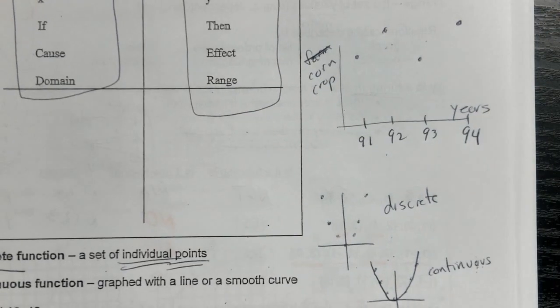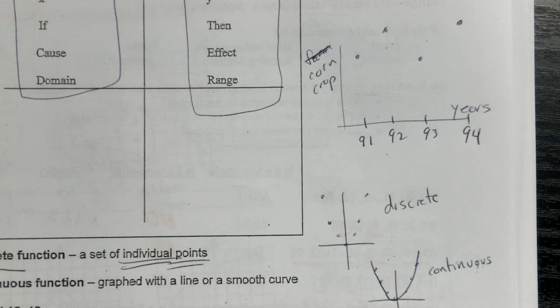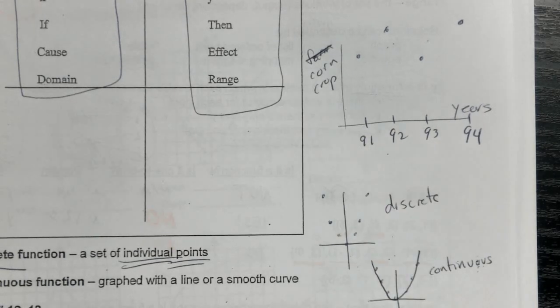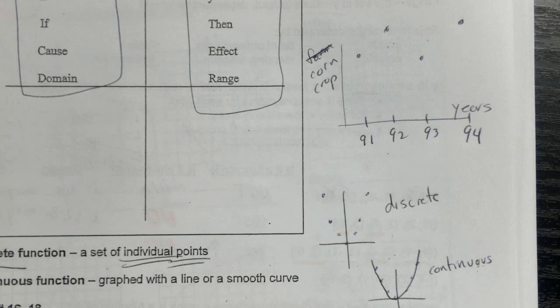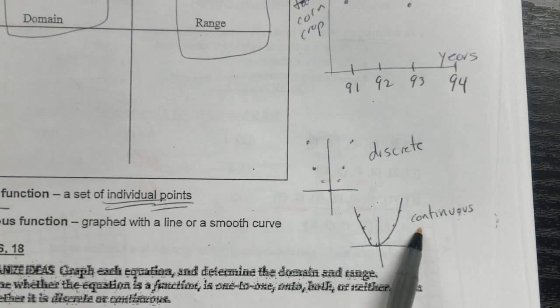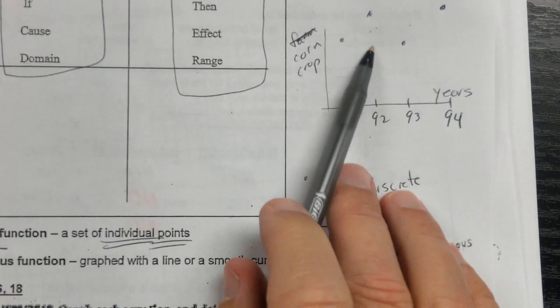Those are individual years that have some amount of corn that the land produced. It would not make sense to connect those dots because there wasn't anything going on. There was not a 91 and a half year where they collected somewhere in between there. So that's kind of a minor issue, but it annoys math teachers when people make continuous data out of stuff that should not be continuous data.